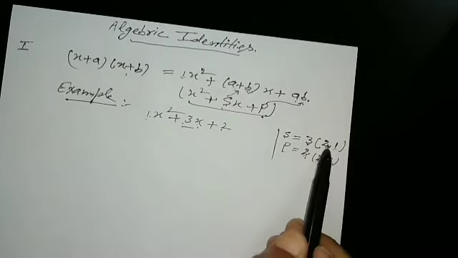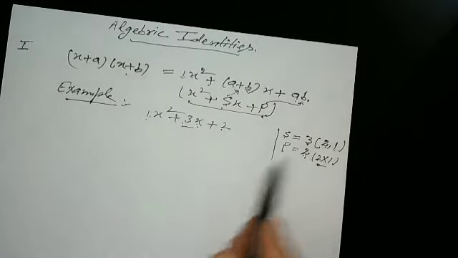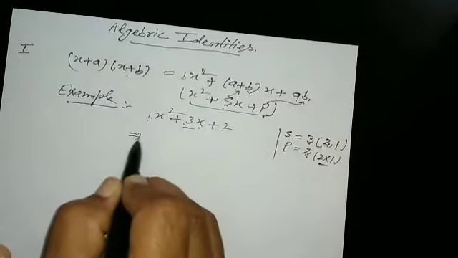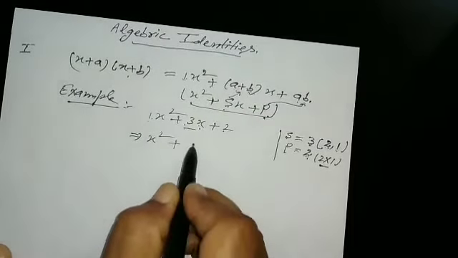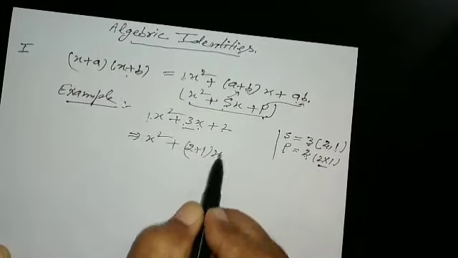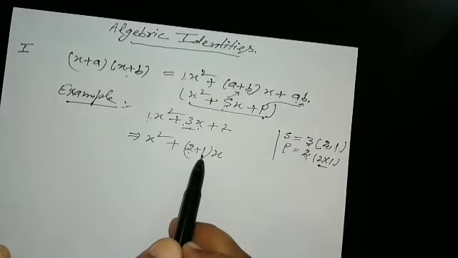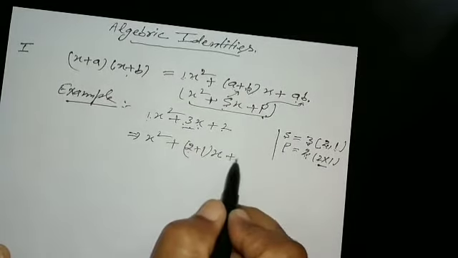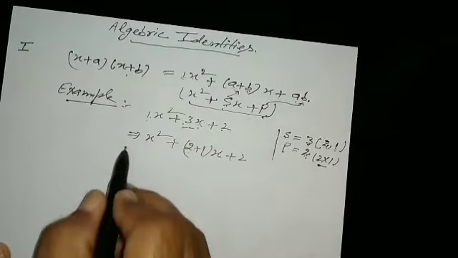Now these two numbers are 2 and 1. So write here as 2 plus 1. This 3 can be written as 2 plus 1. And this is 2.